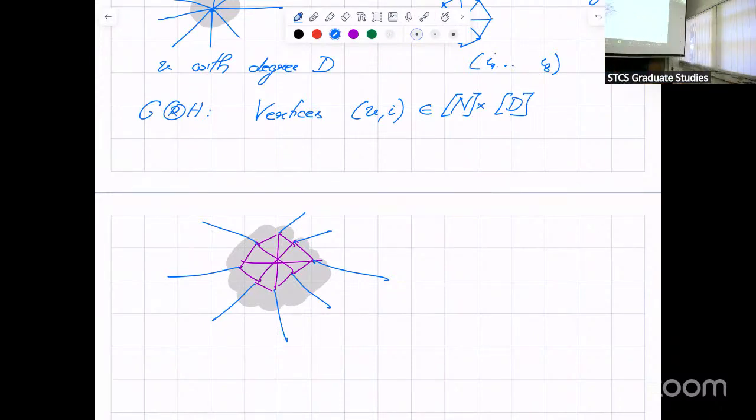Let me do it over here. So suppose let's look at a graph with 5 vertices. I want to replace. So G is an N 5 lambda graph, and H is a 5 2 mu graph. For instance, a 5 cycle is a 5 2 mu graph.